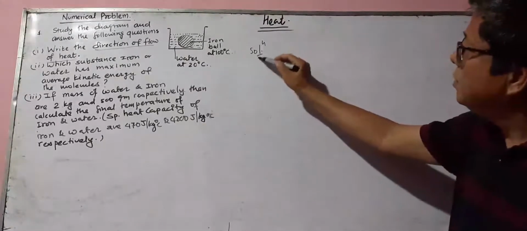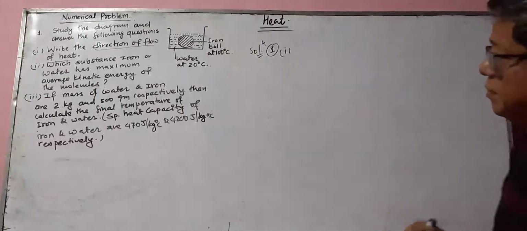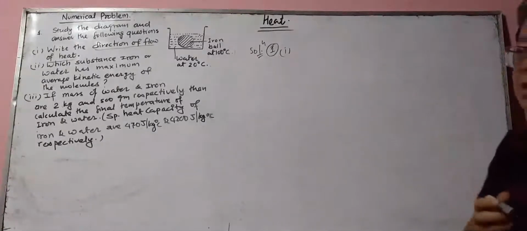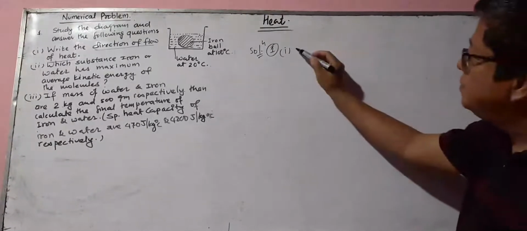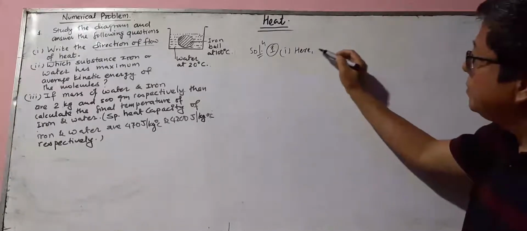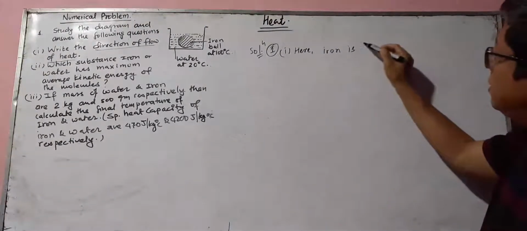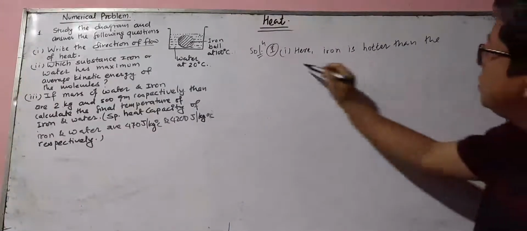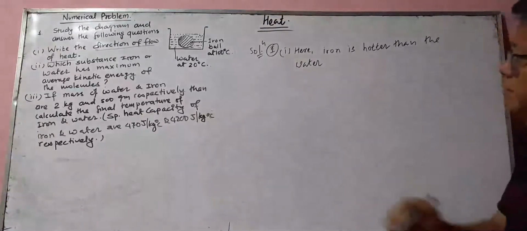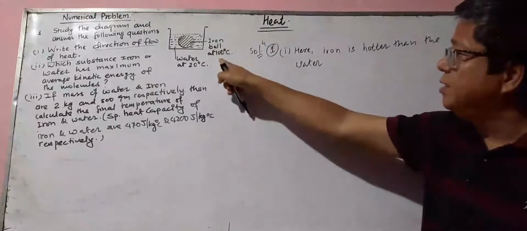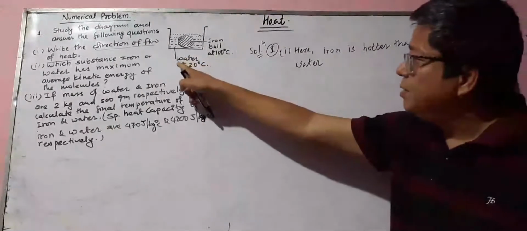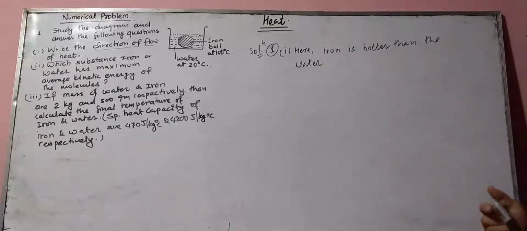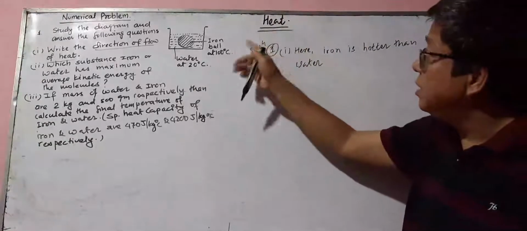So, as I have already discussed before, the heat always transfers from hot body to cold body. Here, iron is hotter than the water. From this diagram, you can see the temperature of iron is 100 degrees centigrade and the temperature of water is 20 degrees centigrade. So, iron is hotter than water. The degree of hotness or coldness is the temperature.